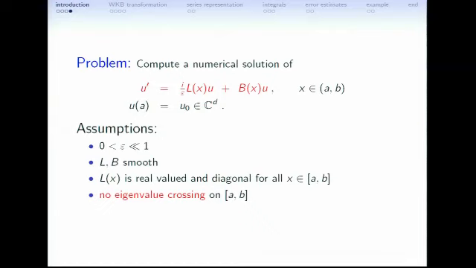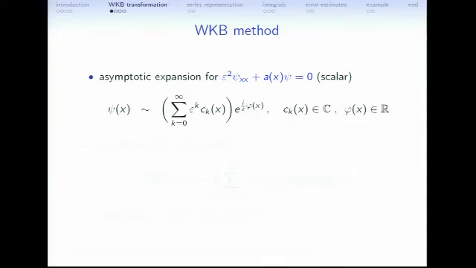Now I've specified the problem, and we can come to the first part, the analytic preprocessing, which is closely related to the WKB approximation. Maybe you know that for the scalar equation from the very beginning, the Schrödinger equation, there exists an asymptotic expansion, written down in this form.